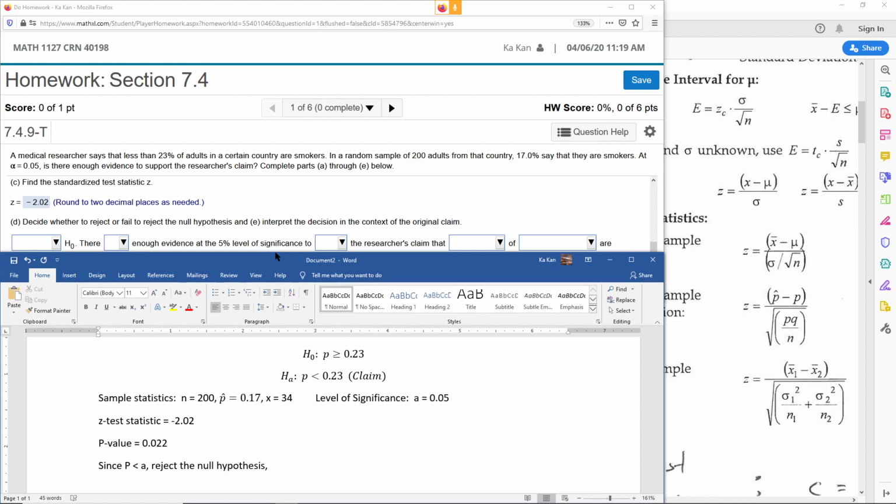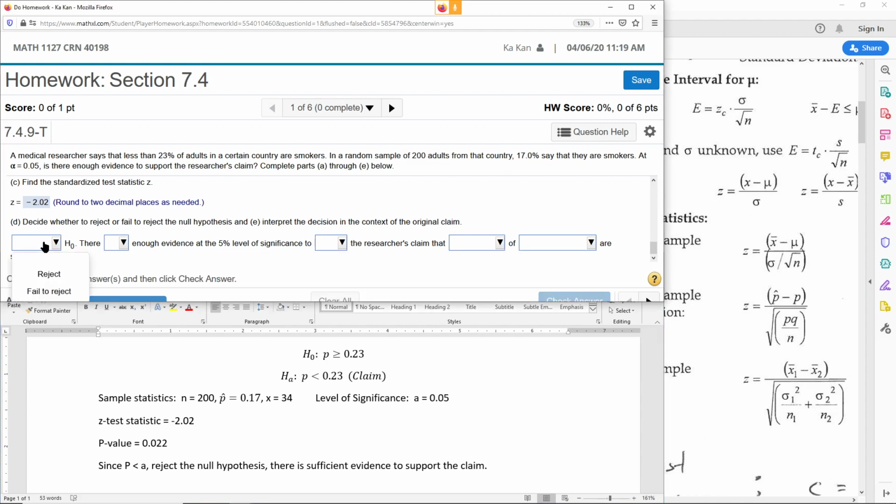Therefore, in this case, because the claim is the alternative, there is sufficient evidence to support the claim.